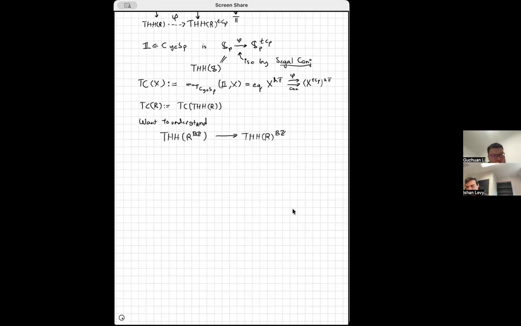And so you can in fact write this whole map as THH of R tensored with the following map: you take THH of the sphere to the BZ and then map to THH of the sphere to the BZ. So really we just need to study this universal example and then we can tensor it with the ring that we're interested in at the end. Okay, and so that's the approach that we'll take.